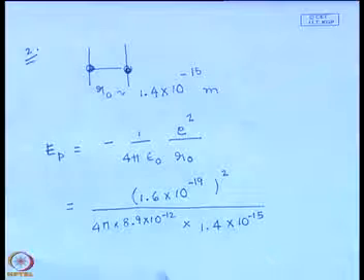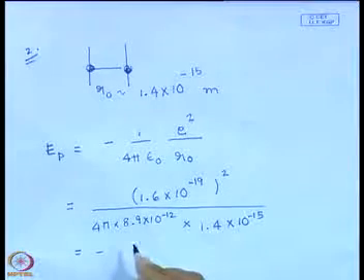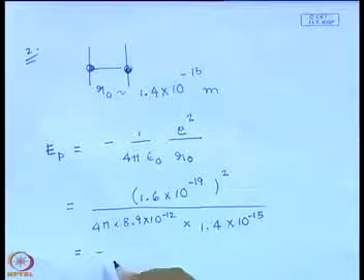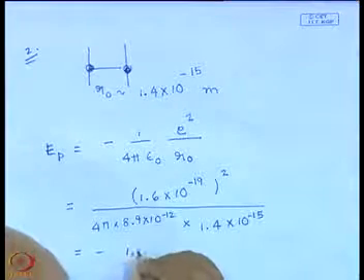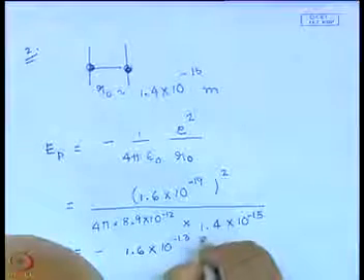So, you put in these numbers and the potential energy comes out to be of the order of 1.6 into 10 to the power minus 13 joules.